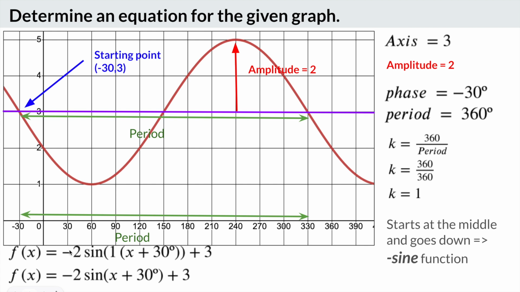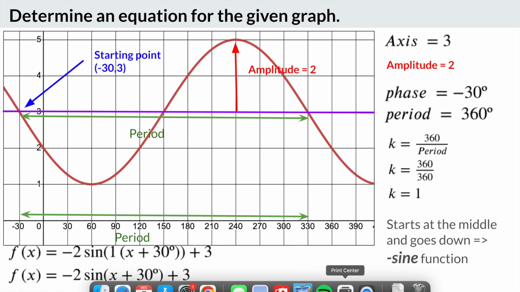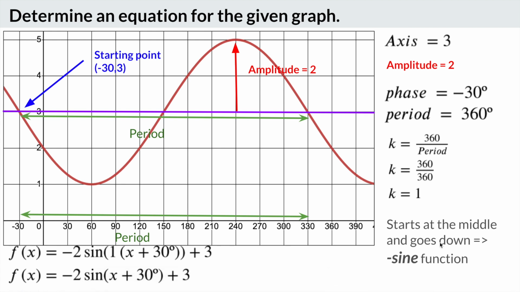My amplitude, which is my vertical stretch, is a 2. My vertical shift is +3. My k value, which I calculated, is 1. And my phase is -30, but we have a double negative, so that gives us a positive. So my function, f(x), is -2 sin(x + 30°) + 3.